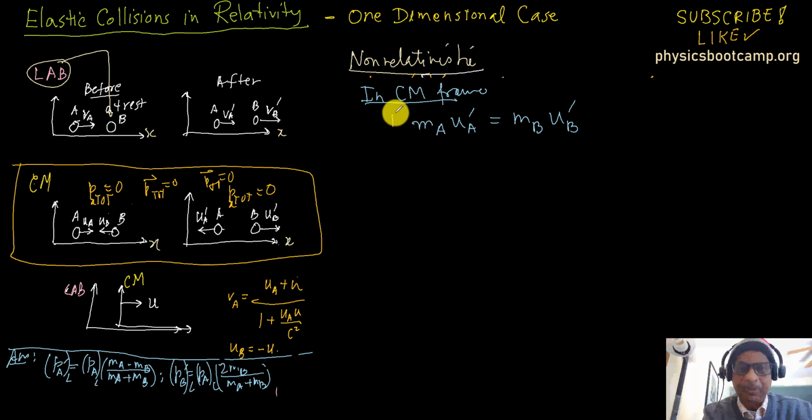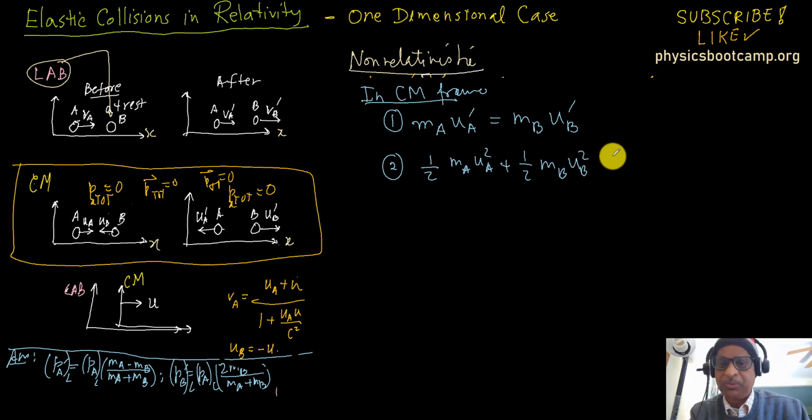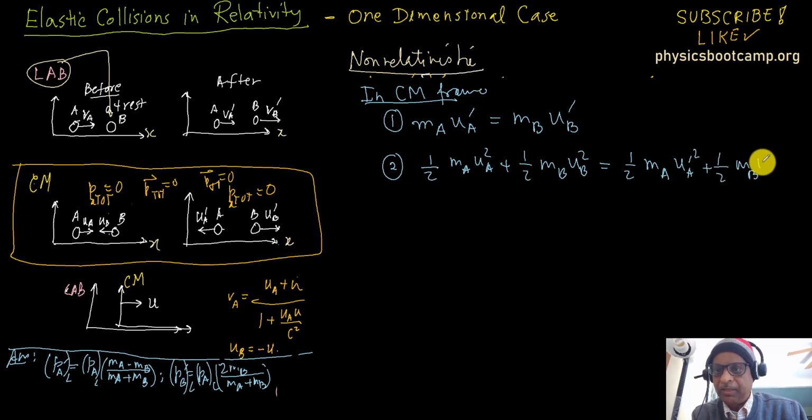So that's one equation. Because momentum is 0 here, another equation will be kinetic energy here equal to kinetic energy there. So half MA UA square plus half MB UB square. So you already know UB is minus U, and okay, so let's see, half MA UA prime square plus half MB UB prime square.